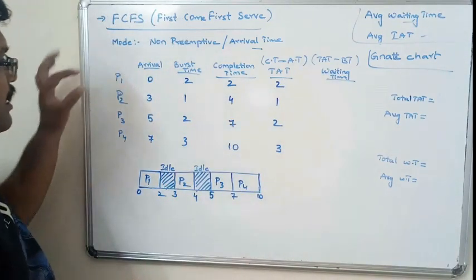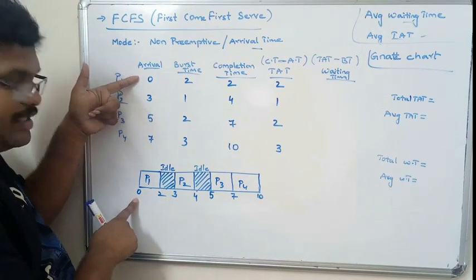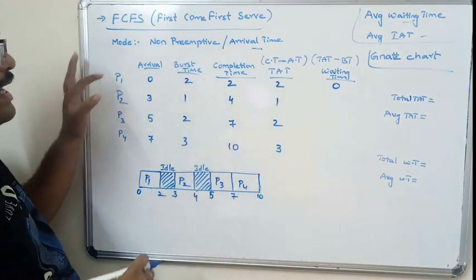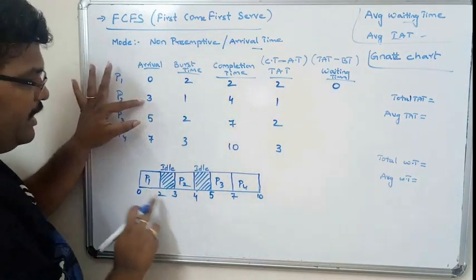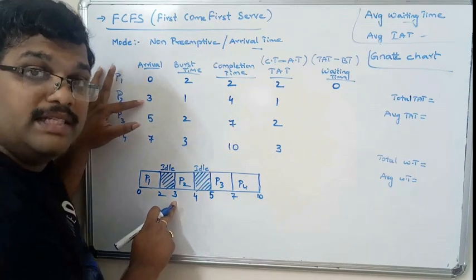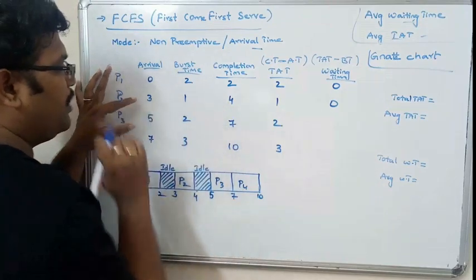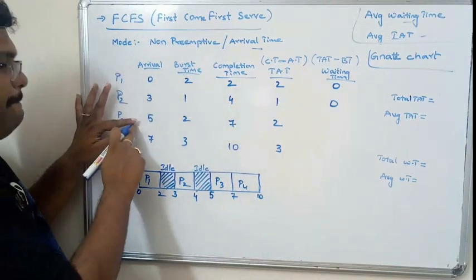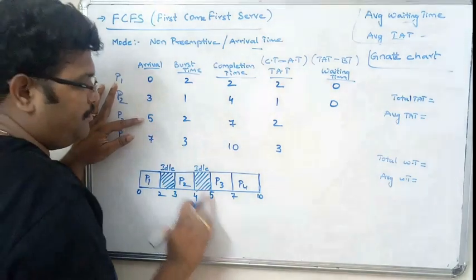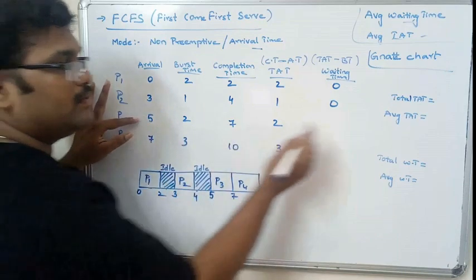Waiting time. See, P1 arrived at 0, CPU is allocated at 0. So 2 minus 2. Next, P2 arrived at 3, CPU is allotted at 3. Again it's 0. So 1 minus 1. Next, P3 arrived at 5, CPU is allocated at 5. P3 starting time is 5, arrived at 5. So 0.